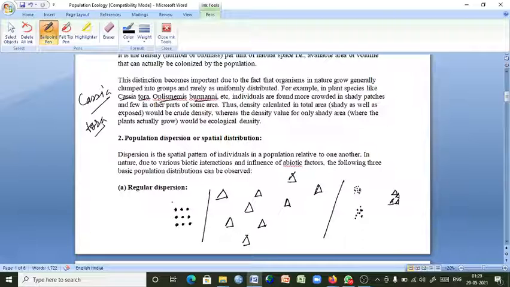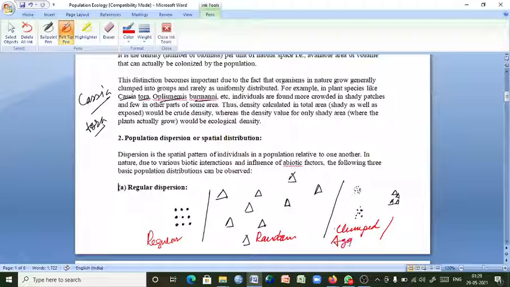The first one is a regular dispersion, regular one. They are uniform also. The second one is random. The third one is clumped or aggregated in nature.